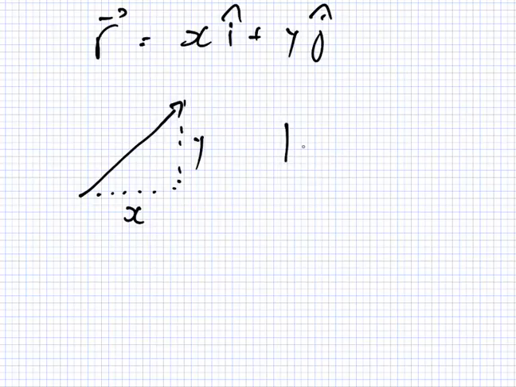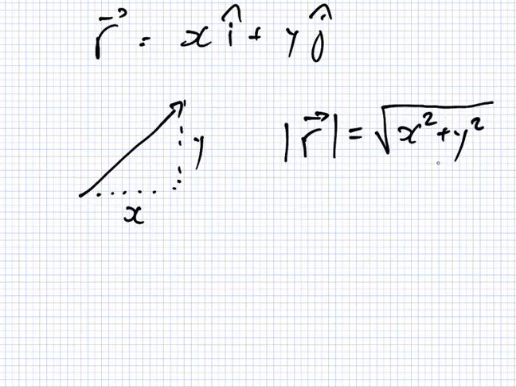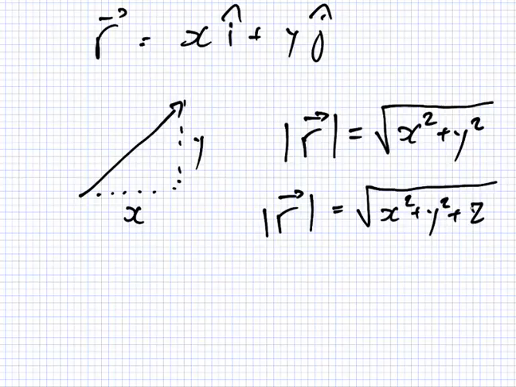So the length, the magnitude, which we represent by this symbol, means the length of the vector, how long it is. We have a formula for that from Pythagoras. It's just the square root of x squared plus y squared. And also from Pythagoras, if we were in 3 dimensions, where we had x, y, z, then it would just be like this. Not much different in 3 dimensions.